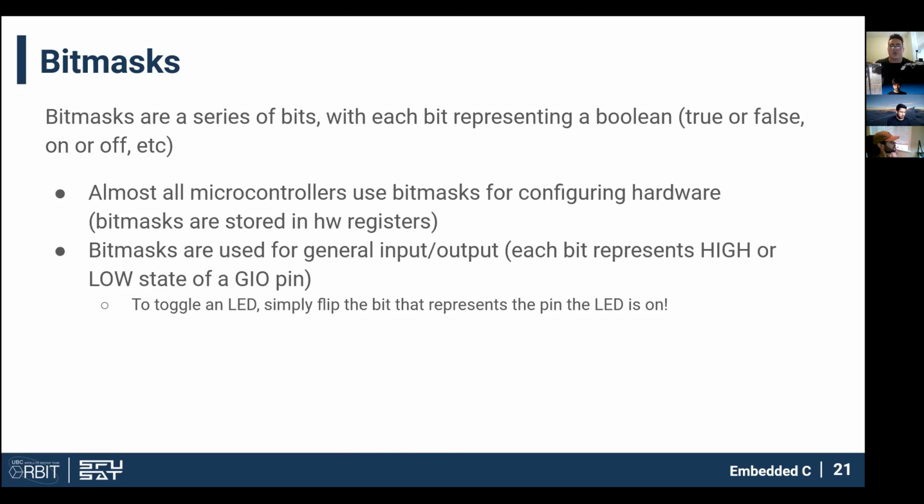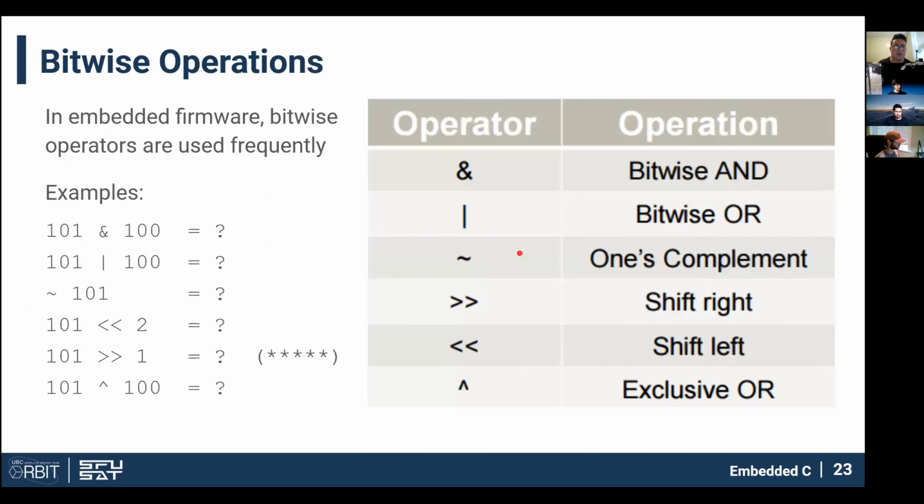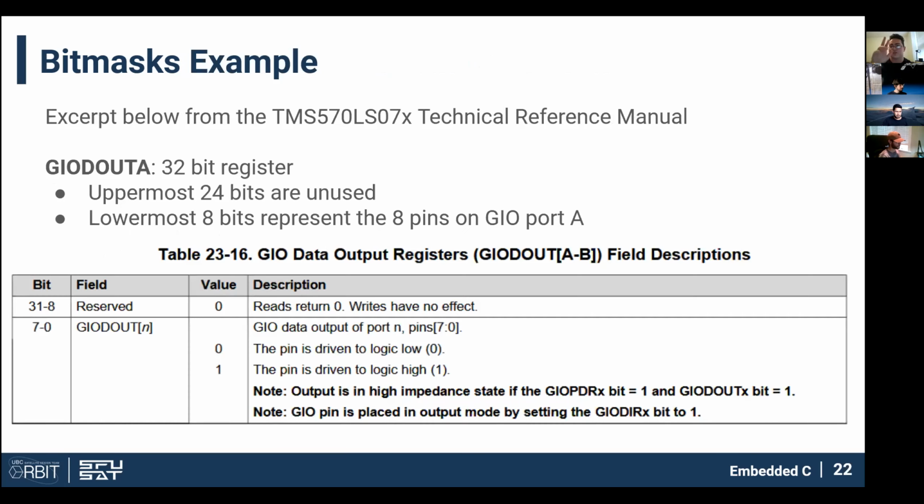It's also used for other functions such as GPIO, so forcing a pin high or low, where 1 would typically represent high and 0 would typically represent low. I'm going to show you an example now of turning an LED on and off with the GPIO. Sorry, in a few slides, I'll show you that.